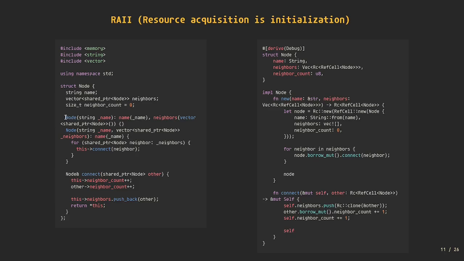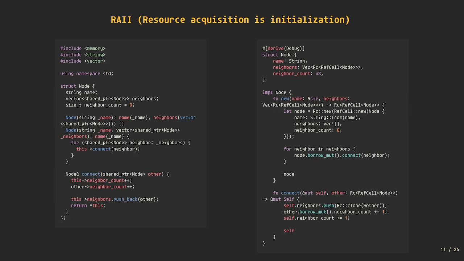And here we have the constructors here in node, string name, name neighbors. All that does is just initialize the name and then the vector, that's the neighbors. And then we give it a vector of neighbors immediately, it just initializes that as well. So the idea here is whenever we create a node object, it would create the strings and the vectors.